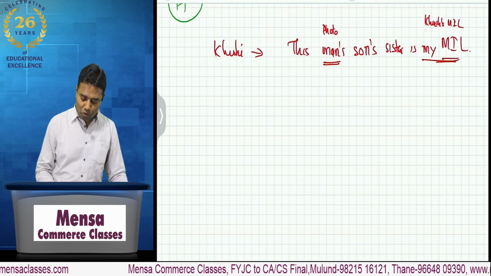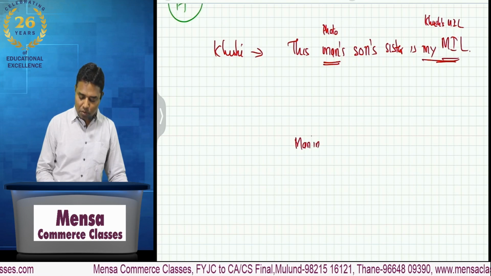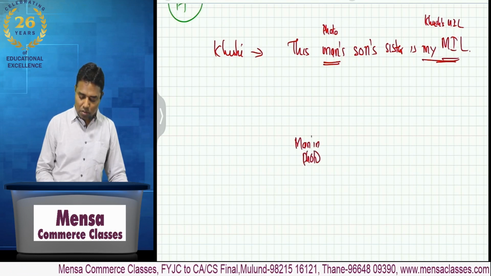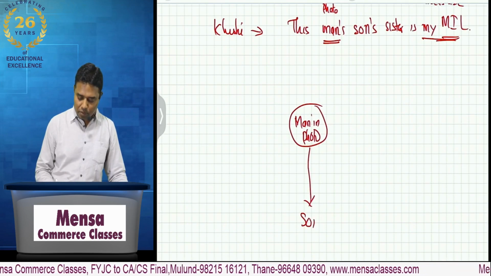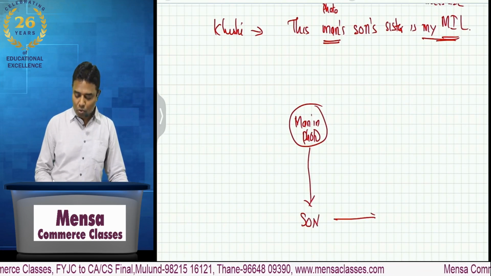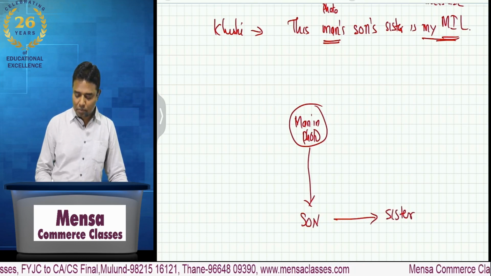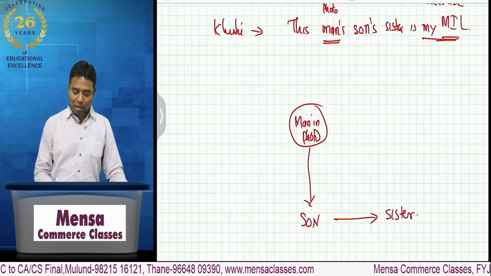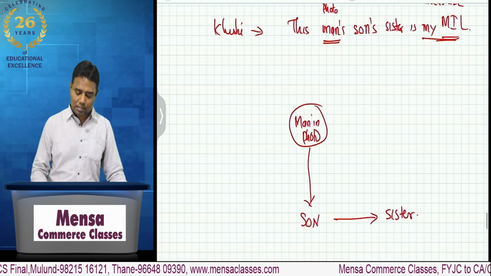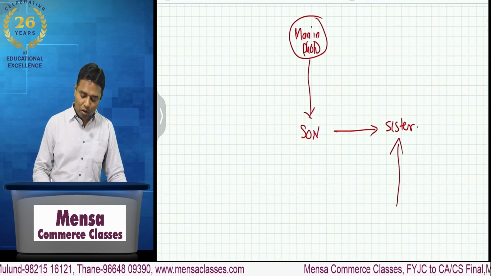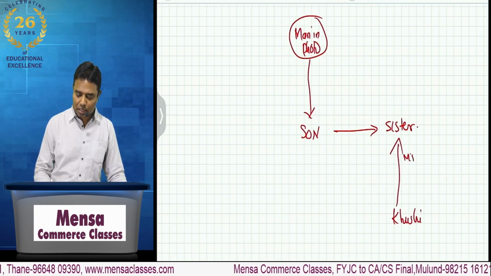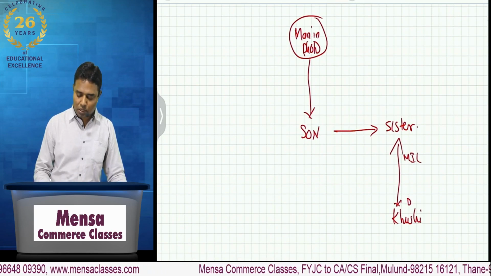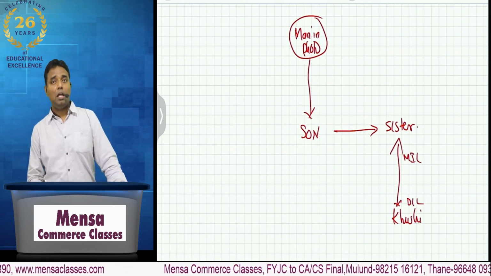The man in the photo, his son is here, his sister is here. Correct? Man's son's sister is my mother-in-law. Mother-in-law of whom? Khushi. Khushi is the next generation. So she will say, this is mother-in-law, and the sister will say, this is my daughter-in-law.